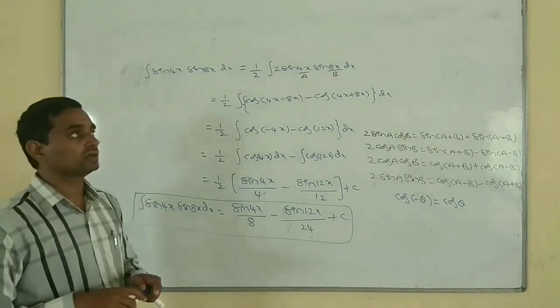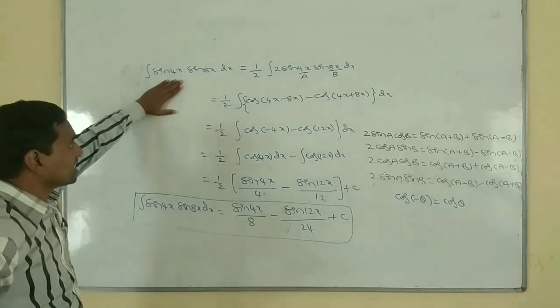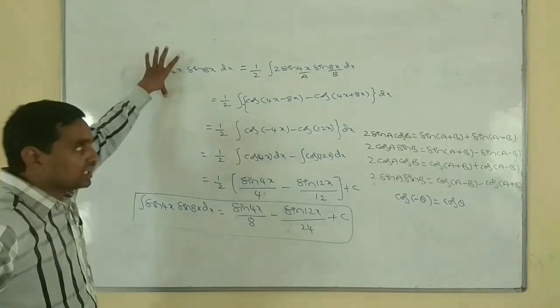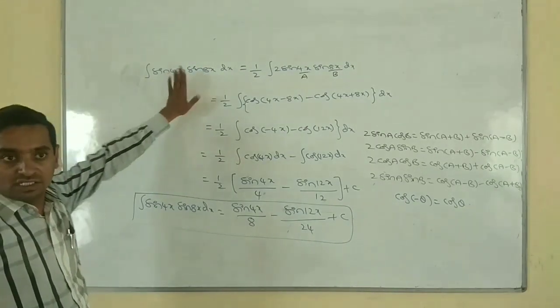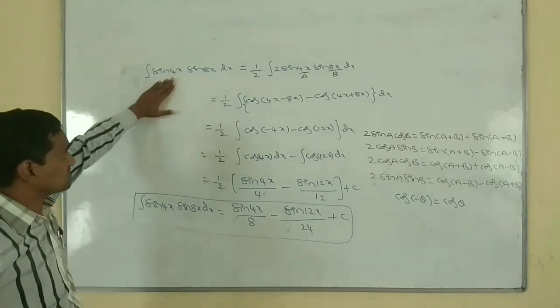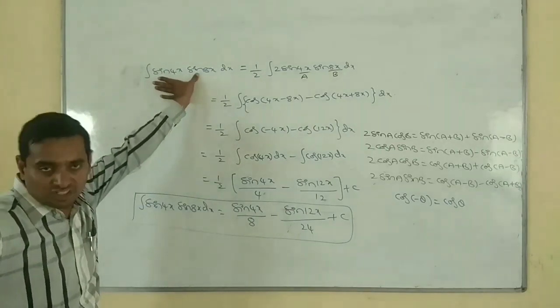Once again, let me repeat that. The given problem is integration of sin 4x into sin 8x dx. This one is a product, which is not in our basic formula list. That's why we convert it into a summation or subtraction of two terms.